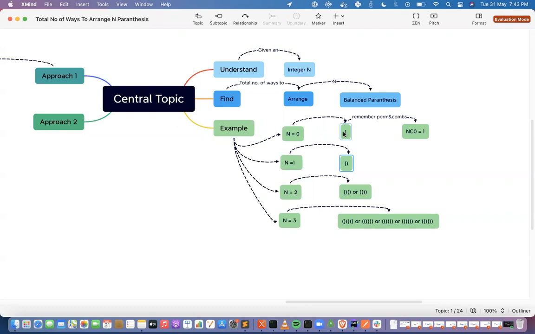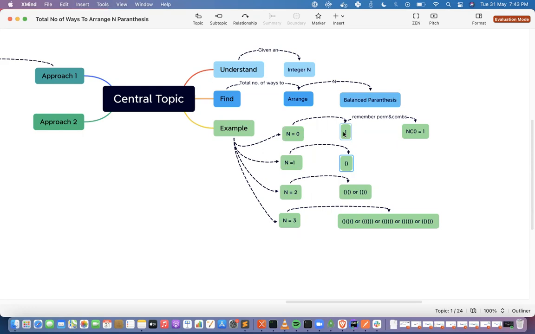In permutations and combinations, nC0 is 1. Similarly, in this concept also, when you don't have anything, there is one way to arrange the balanced parentheses. It's a default term you can think of.